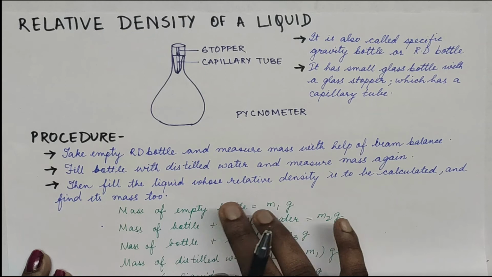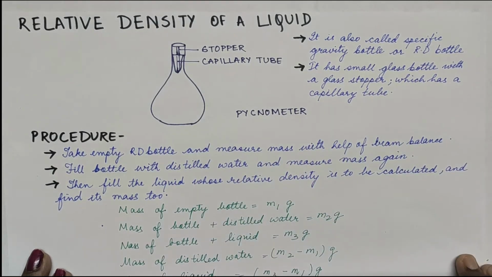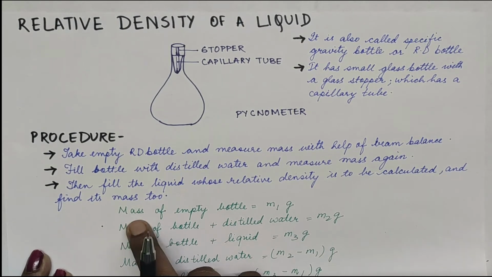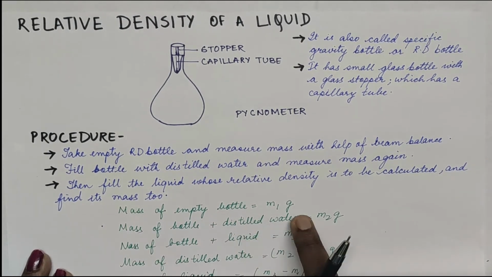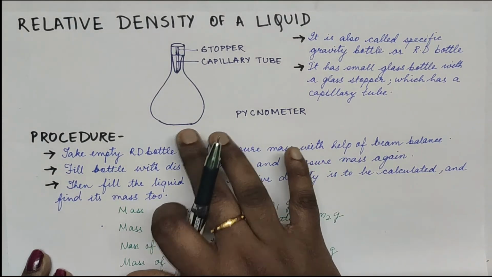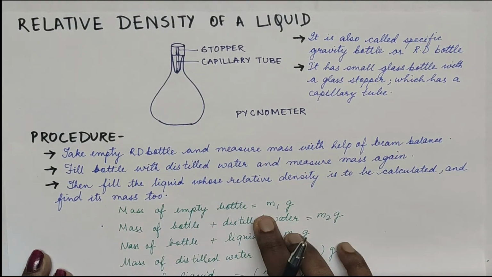Then you fill in the liquid whose relative density you have to find, and measure the mass again. Assume the mass of the empty bottle is m1 gram.